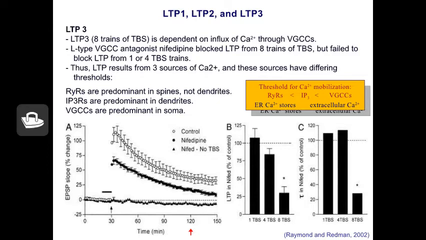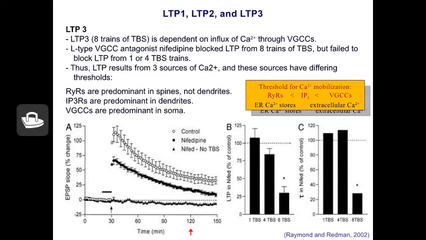So nifedipine blockade of voltage-gated calcium channels that are not activated by LTP1 are irrelevant. And the same general situation is true for LTP2. Those sections are dependent upon calcium release through inositol triphosphate receptors, IP3 receptors, on the endoplasmic reticulum. And again, blockade of voltage-gated calcium channels is irrelevant.